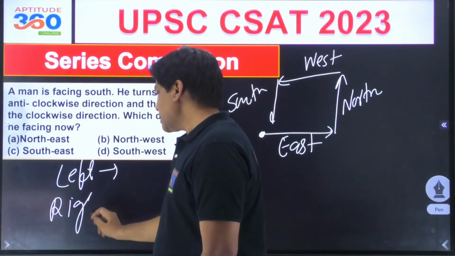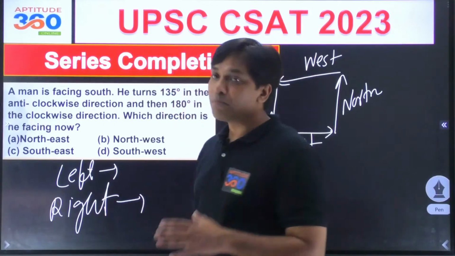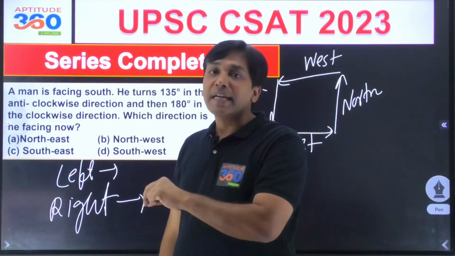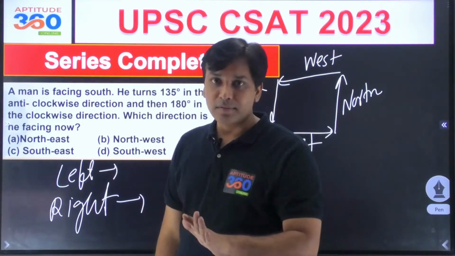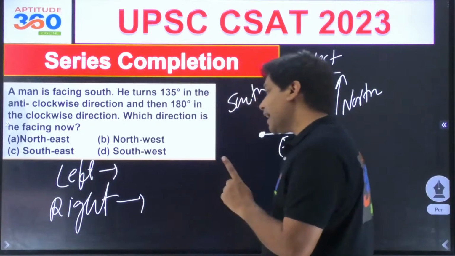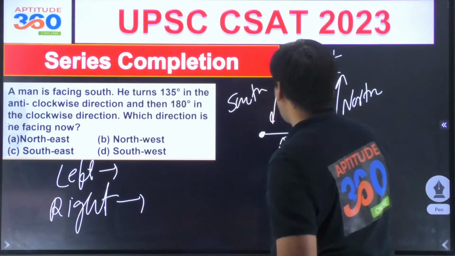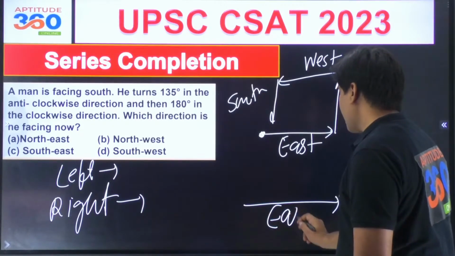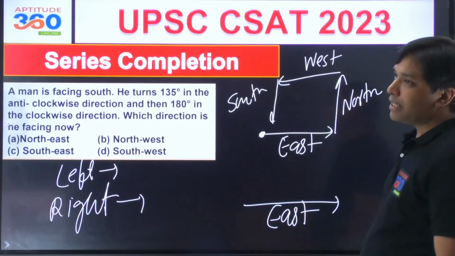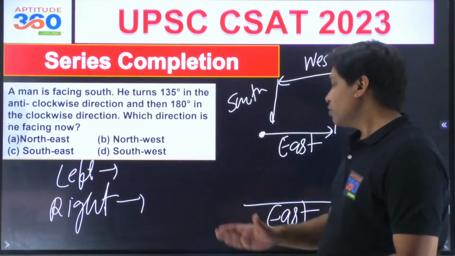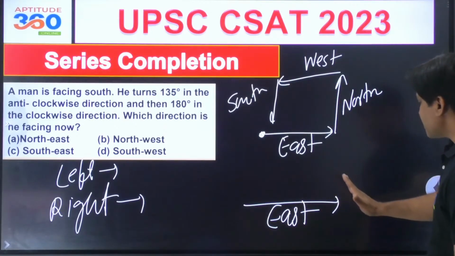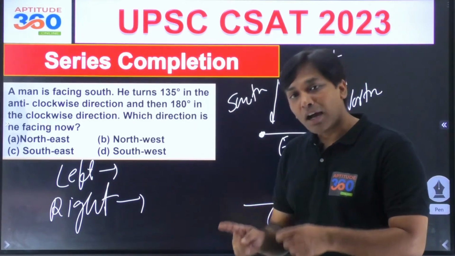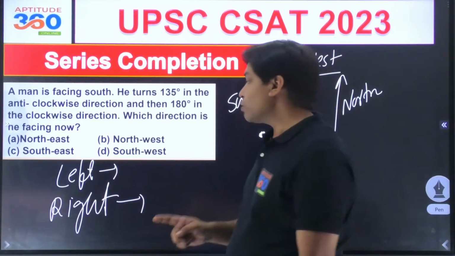In such problems, one assumption that nobody is going to tell you is that one left turn or one right turn is equivalent to 90 degrees, right? एक लेफ्ट या एक राइट टर्न 90 डिग्री के बराबर हुआ. अब समझो इस चीज को. Somebody is going towards east, right? और east जाते जाते problem tells you that this person after moving for some distance turns right, and you don't have to get confused with this.